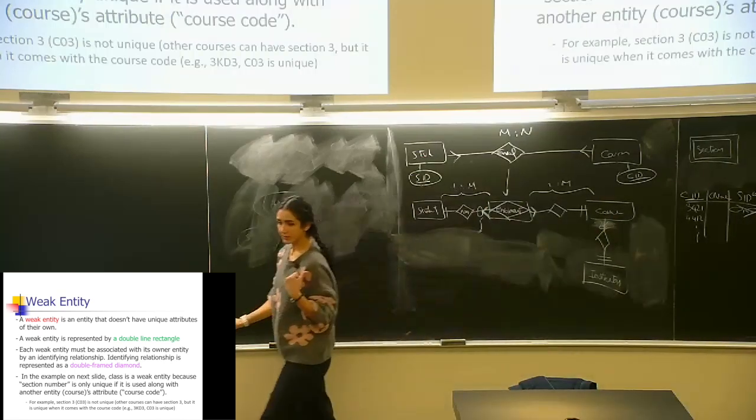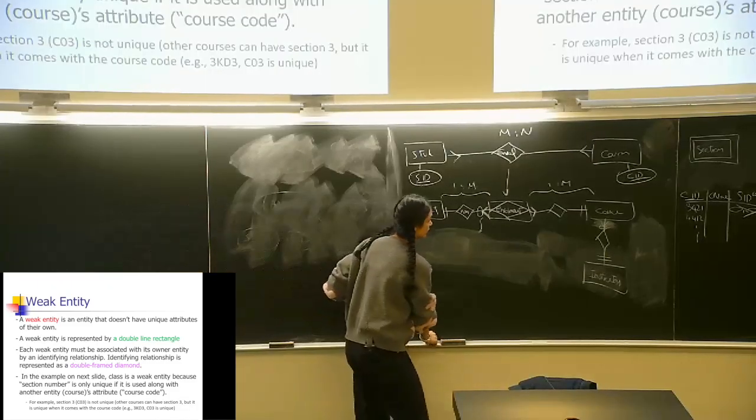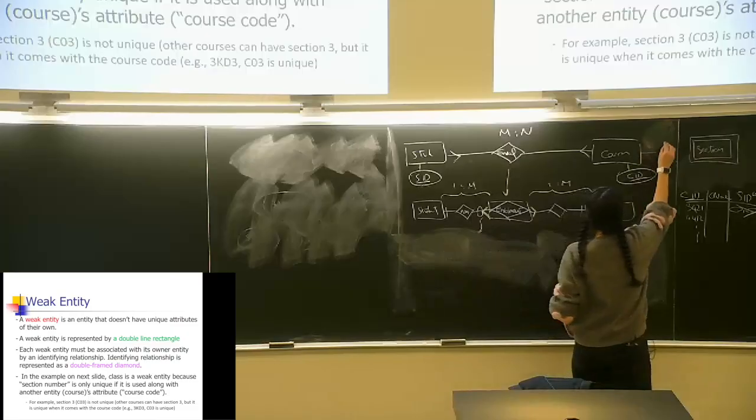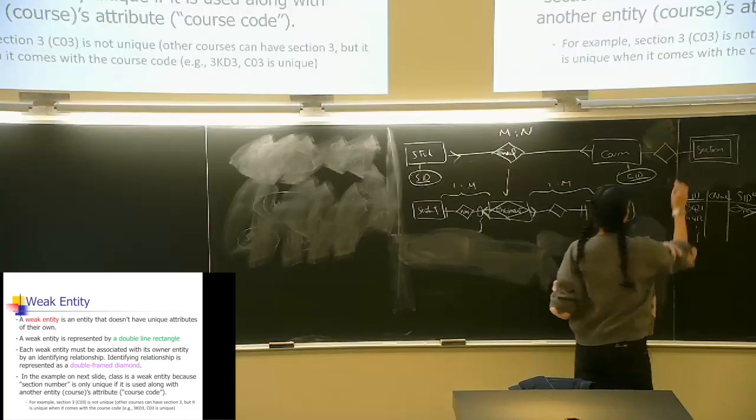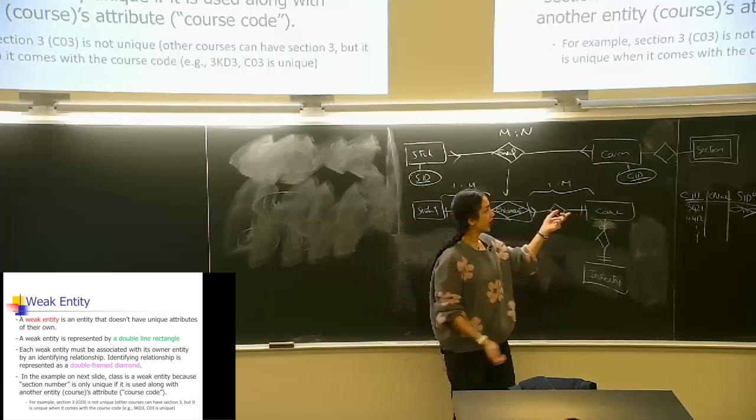Now, a weak entity is an entity that doesn't have unique attributes of its own. A weak entity is represented by a double line rectangle. Each weak entity must be associated with its owner entity by an identifying relationship. So we know entities are linked through relationships, right?